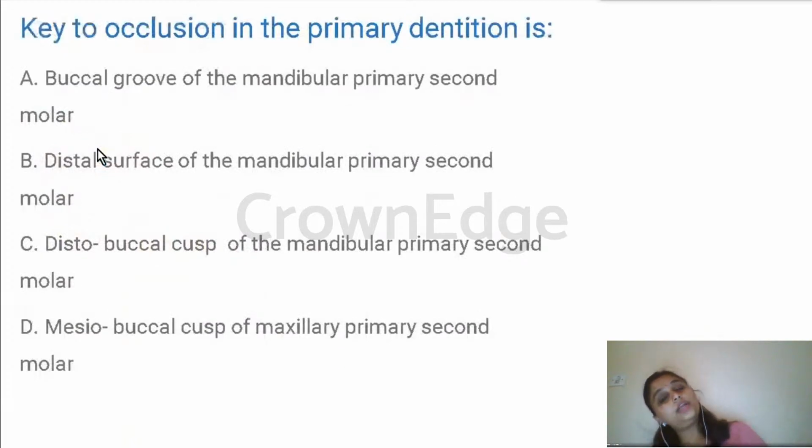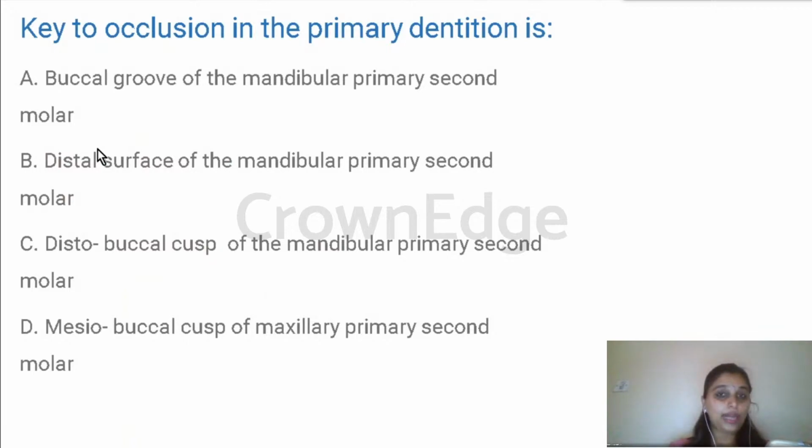What is the key to occlusion in the primary dentition? The key to occlusion in your permanent teeth is the mesiobuccal cusp of the maxillary first molar and the buccal groove. Similarly, in the primary dentition, what is it? As to which leads to what type of occlusion, I'll be coming to it in the later slides.